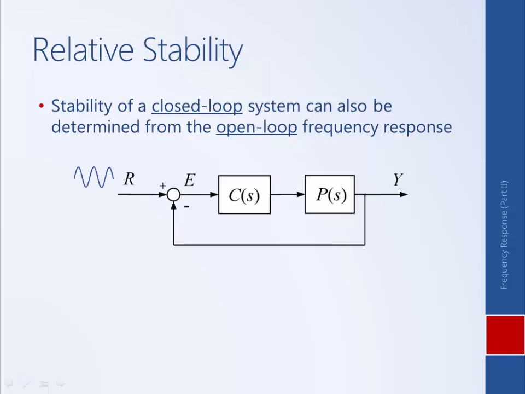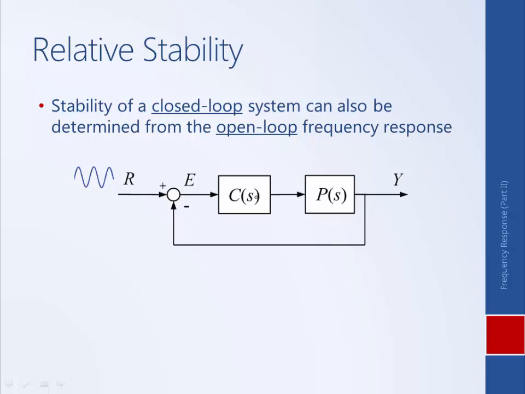So recall, with frequency response analysis, we feed our system sinusoids of different frequencies. Let's say that we give our closed loop system a reference sinusoidal input, and that signal goes through the open loop and is fed back here at this summing junction.